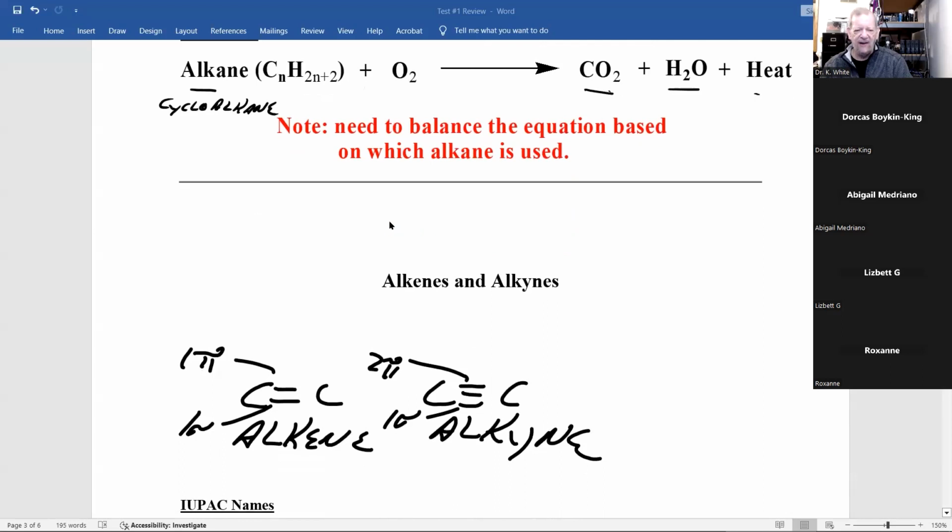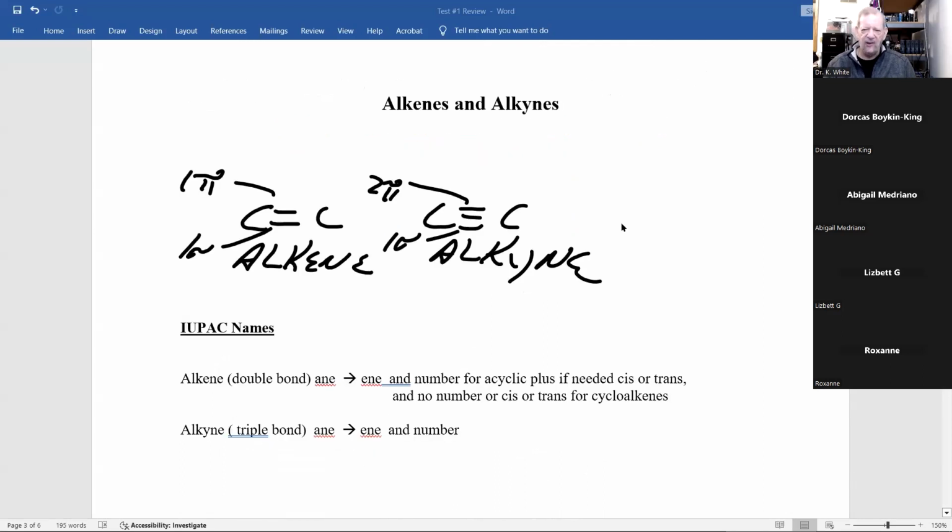All right. Let's move on. The next thing I talked about were the alkenes and the alkynes. Now, an alkene, the ene ending, tells you have a double bond. Remember, double bond is two bonds between two carbons. And you should know one of those bonds is called a pi bond and the other is a sigma.